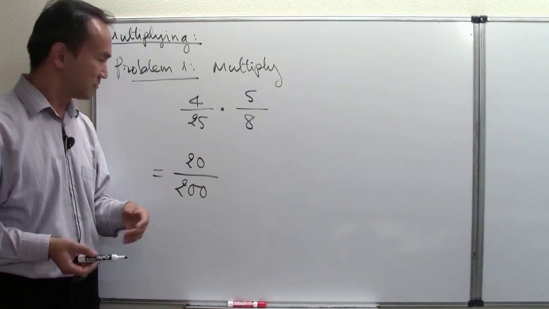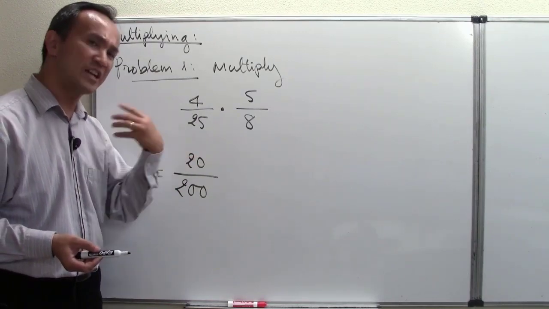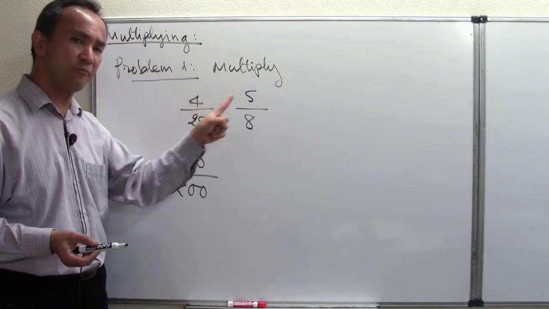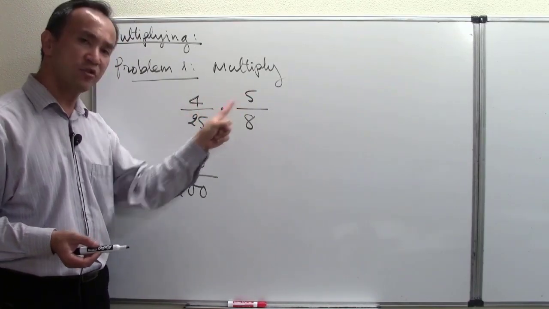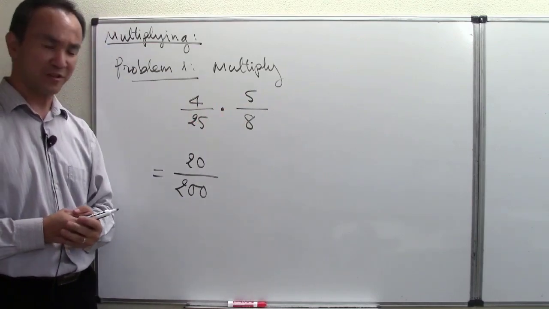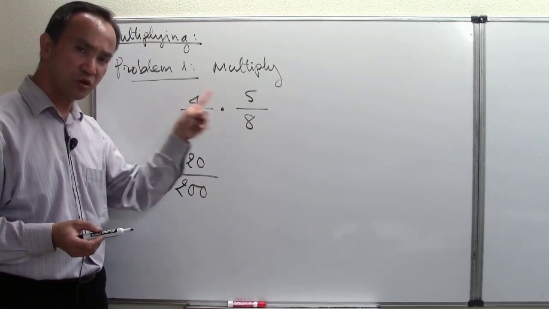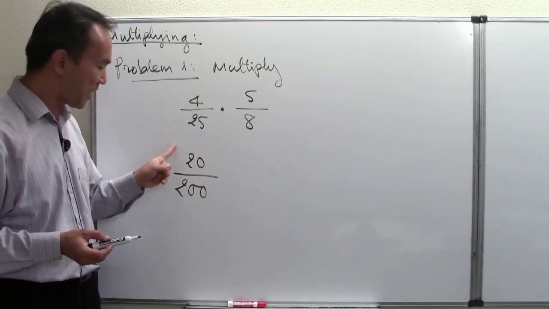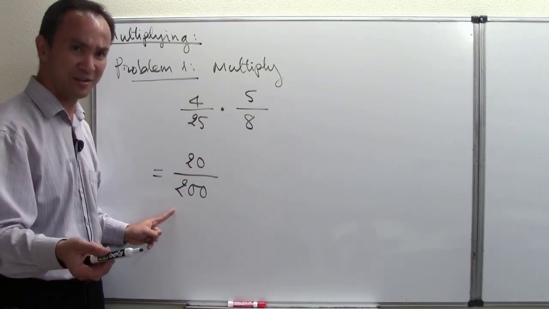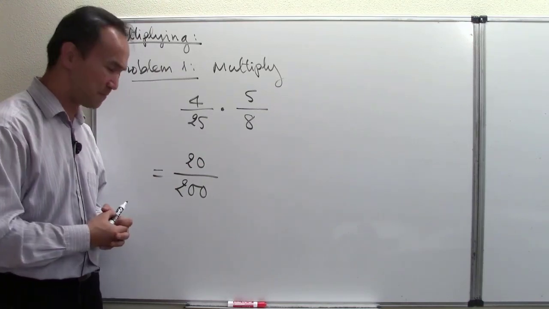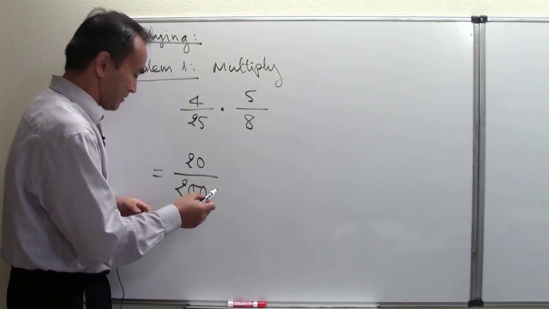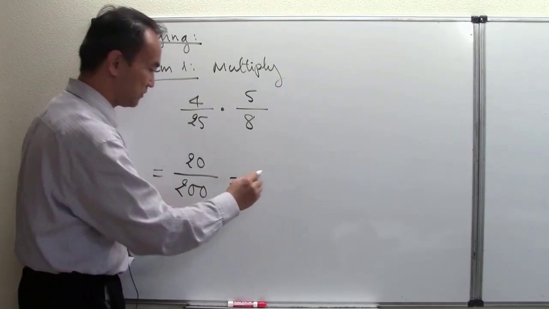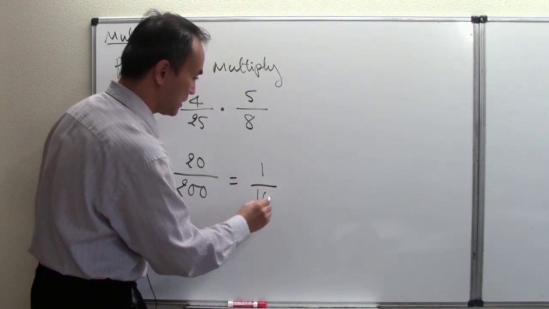I should have mentioned that the multiplication here can be done whether or not we have reduced either of these two fractions. So we can always get straight into doing the multiplication. Then at this final fraction, let's think about reducing it. This is where simplification comes in, and that reduces down to 1/10.